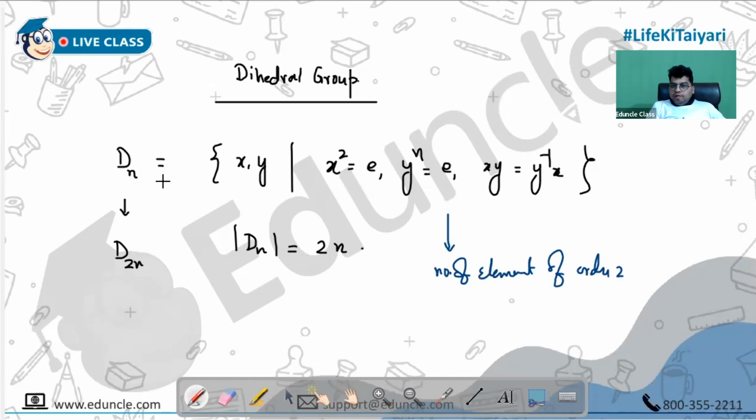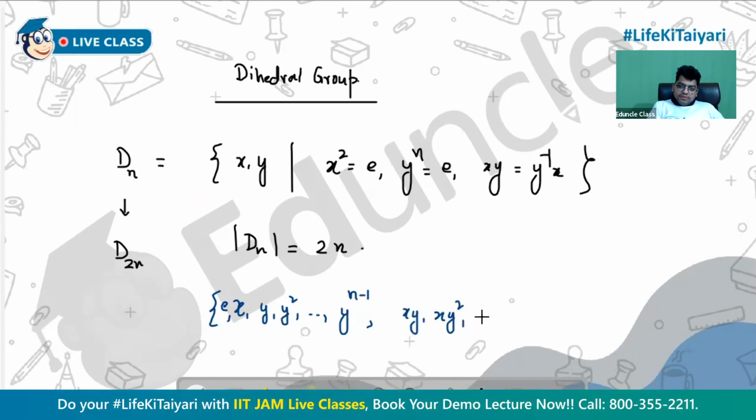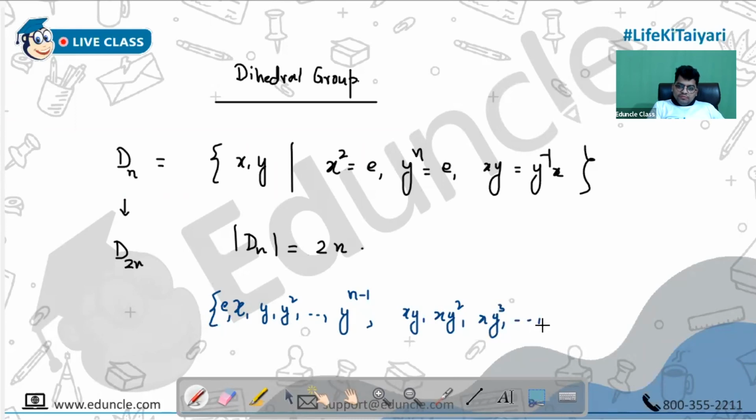That will be n plus 1 or n, yes or no? First of all, we write the structure of the dihedral group. That is x squared is e, so we can write e, y, y squared, up to y raised to power n minus 1, then y raised to power n is e, then x, xy, xy squared, xy cubed, up to xy raised to power n minus 1.